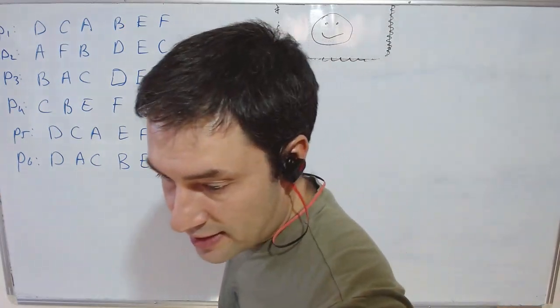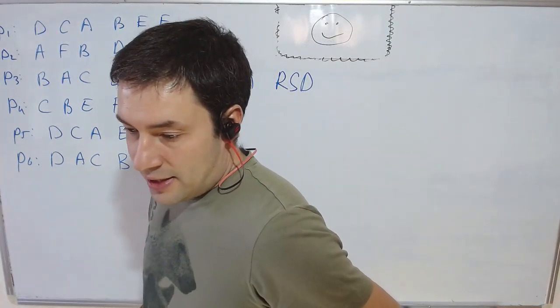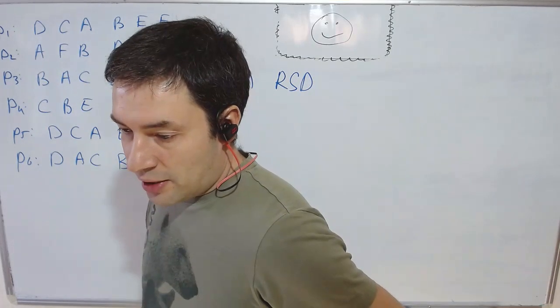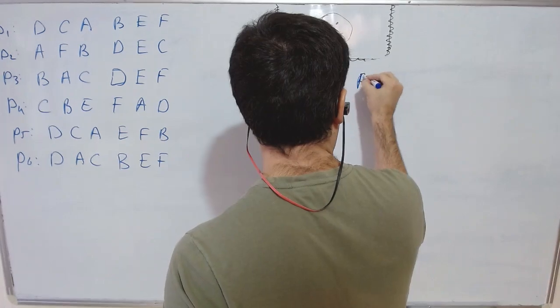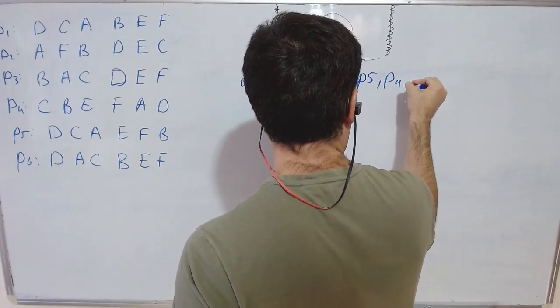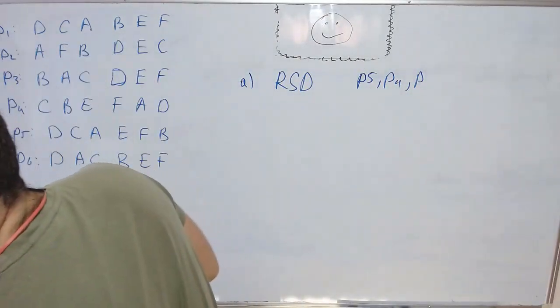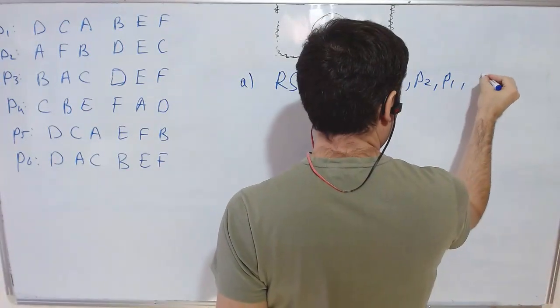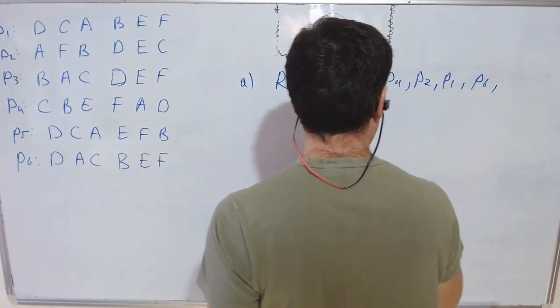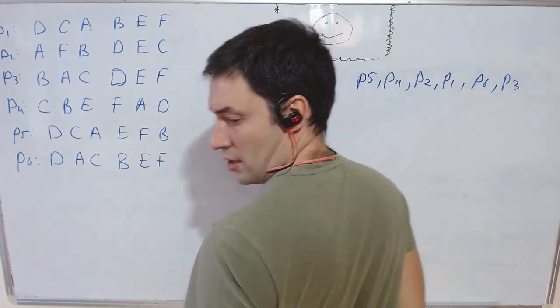So in part A, we ask, identify the outcome of the random serial dictatorship algorithm for the priority order P5, P4, P2, P1, P6, and then I guess P3.